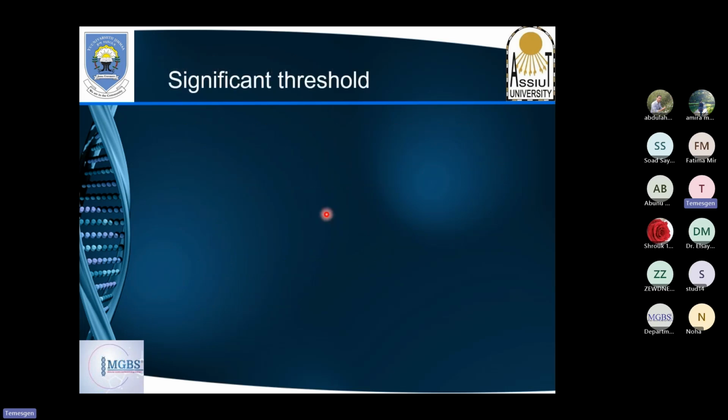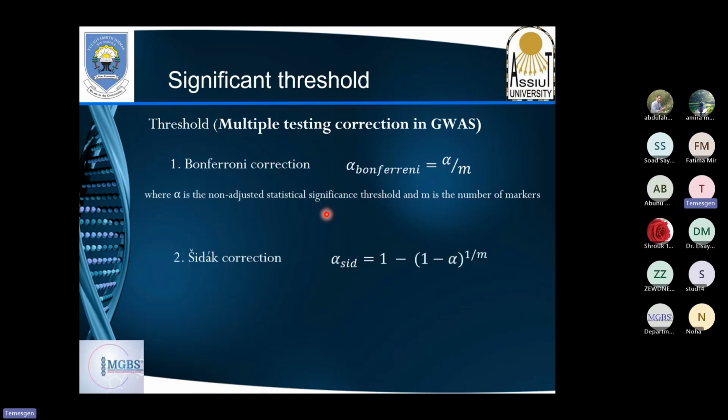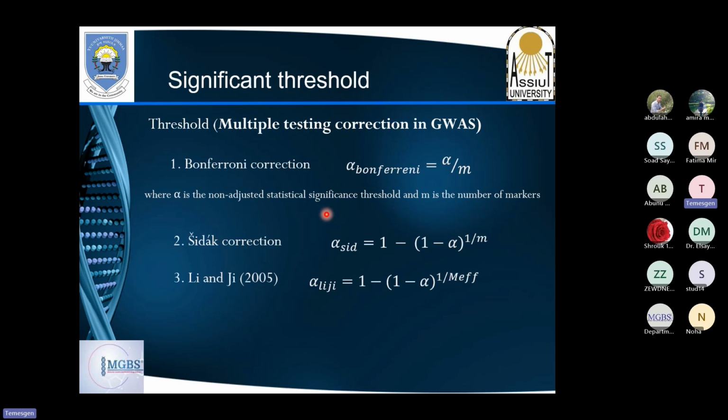But when you use a single locus method, identifying the significance threshold using multiple-test correction is very strict. There are three different methods to define the threshold. The first one is the Bonferroni correction.